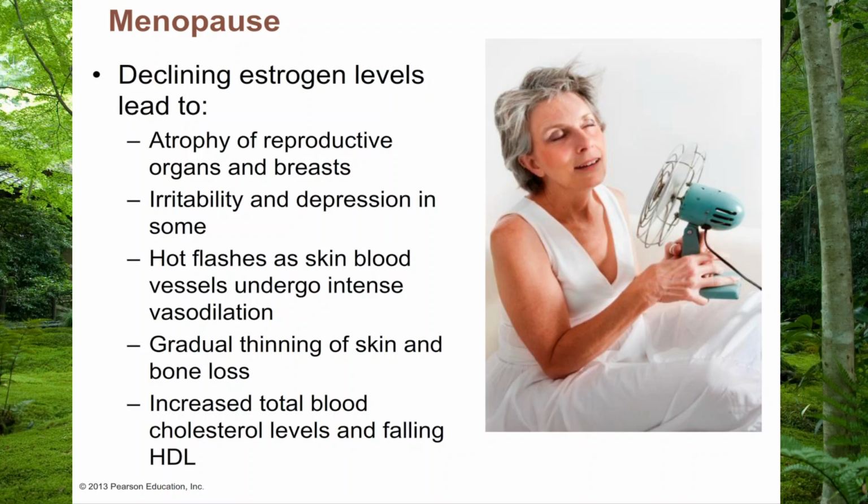Because one of the things that estrogen did was inhibit osteoclasts. So all of a sudden, when there's no more estrogen, the osteoclasts just go mad and begin to break down bone, which can very quickly result in osteoporosis. The other bad thing that happens is that the levels of LDL in the bloodstream go up and the levels of HDL go down. So the signs and symptoms of menopause can vary widely among individuals.